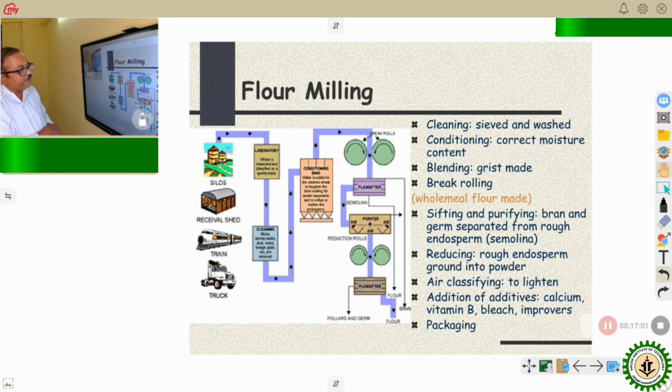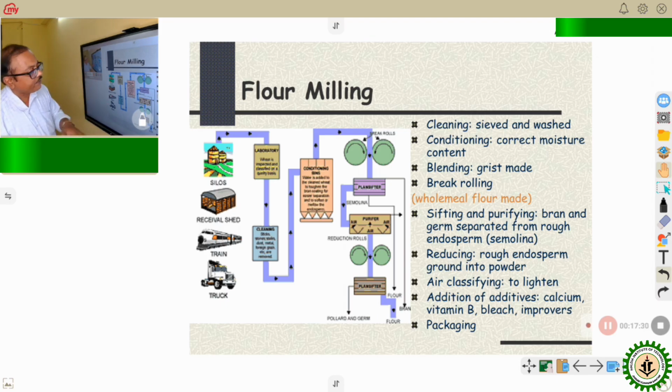This is followed by screens, scalper, screen, etc. They separate bigger and smaller size particles, leaves, etc. Then a length grader or disc cleaner, and successive de-stoner operations. Various such cleaning devices operate to remove the undesirable part and to make the grain free from impurities.